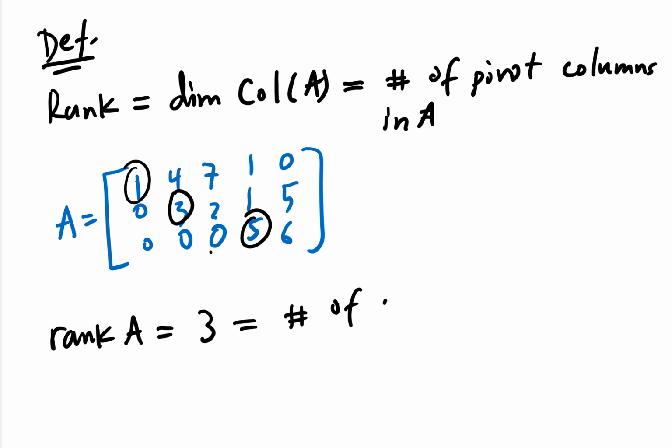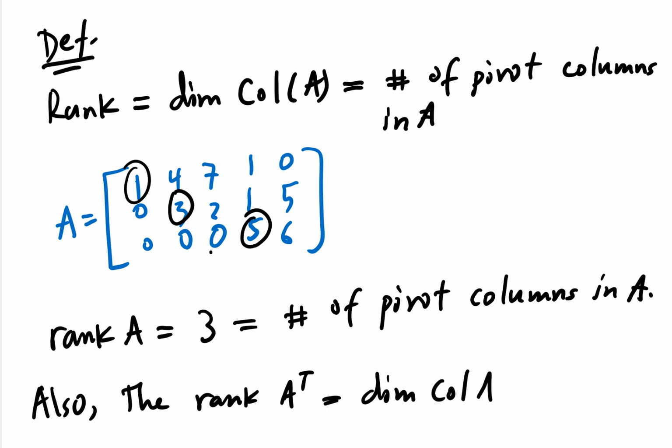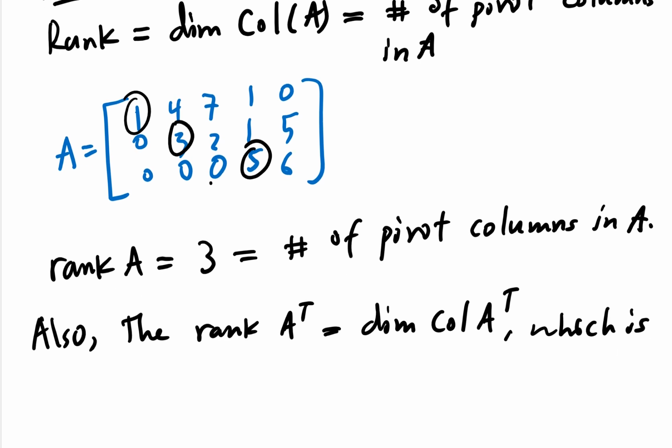That's the number of pivot columns in A. Also, good to know that the rank of A transpose is the dimension of the column space of A transpose, which is the dimension of the row space of A.